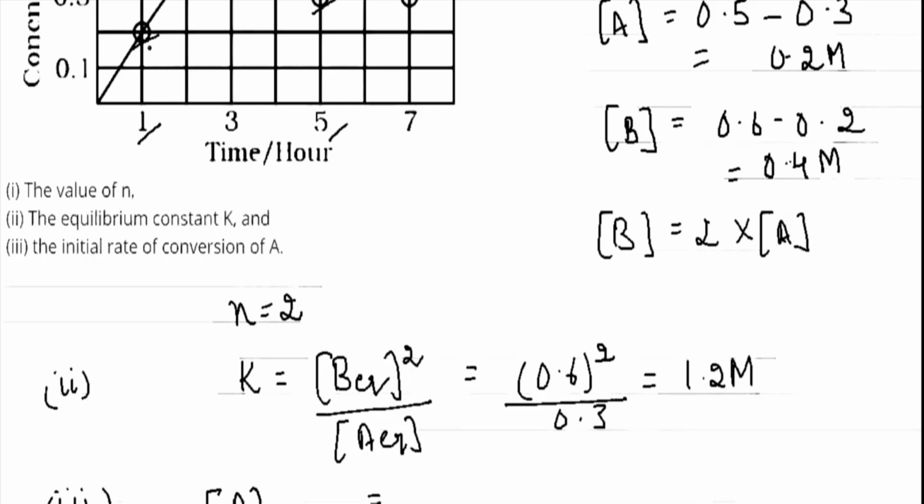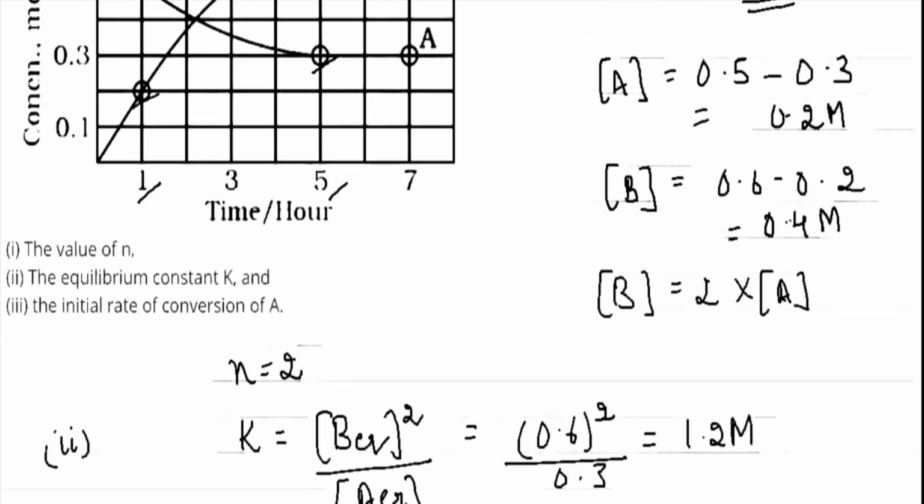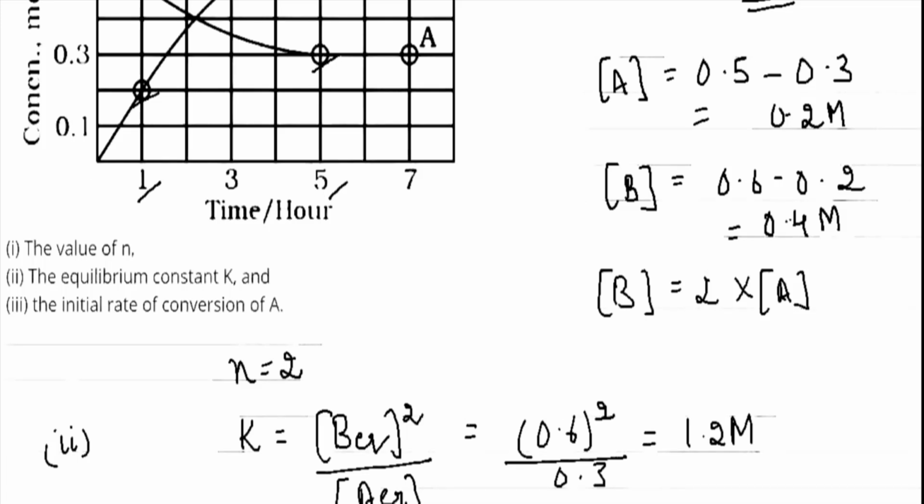We can take any two values, so I am taking the values for the 1 hour change. I am going to take 0.6, which is here, as the initial value, and then I take the next value, which is 0.5.